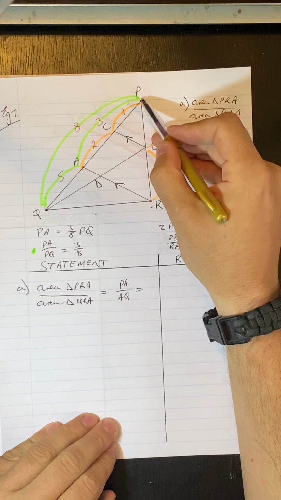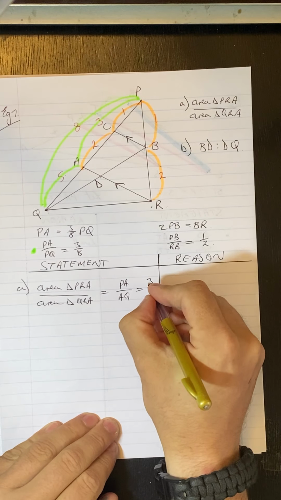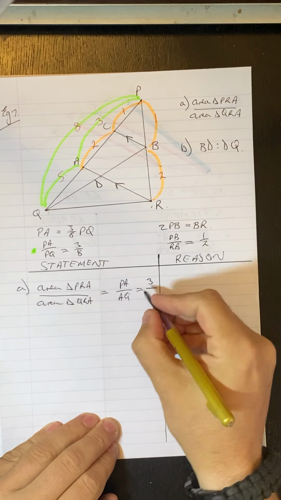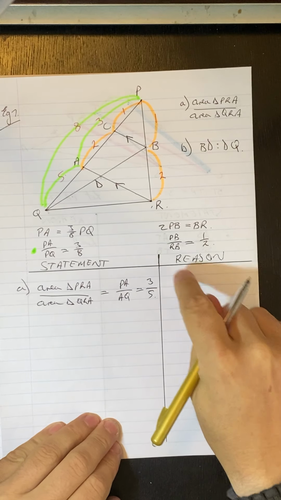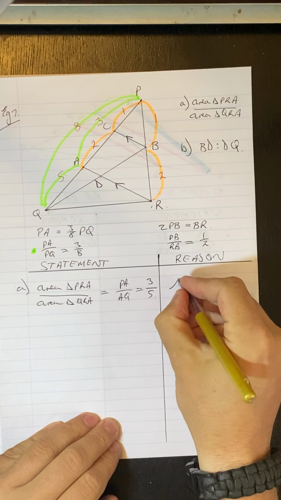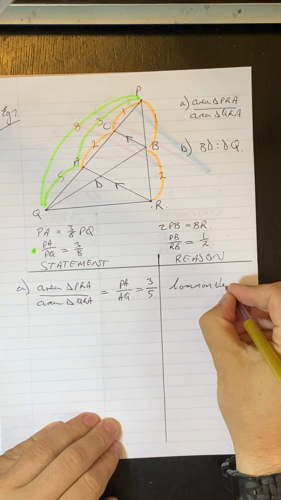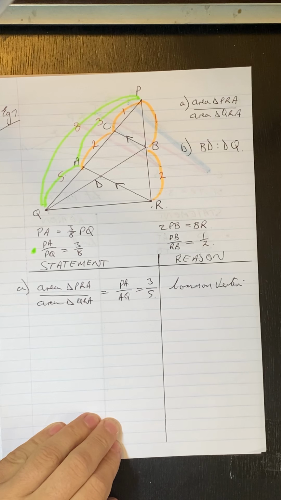So what is PA? PA is 3 for that green one, and the AQ is 5. And we've answered that question. Now, the reason why I said this was because of a common vertex. That is why their bases are in this proportion. Okay?